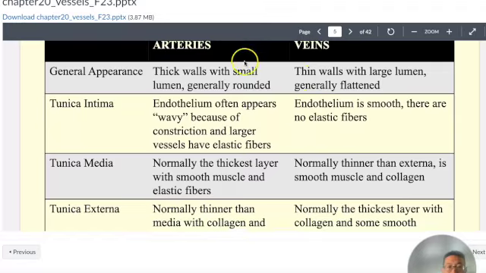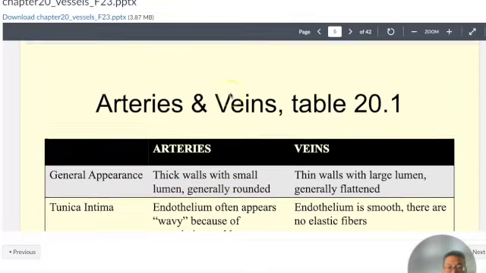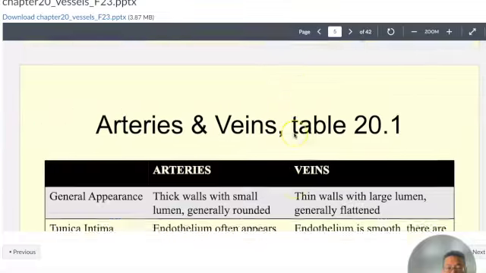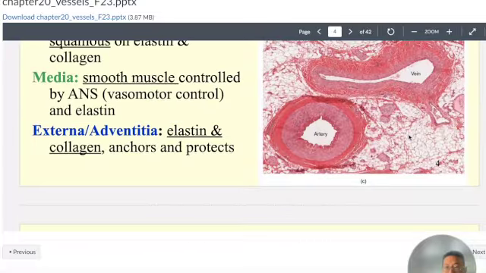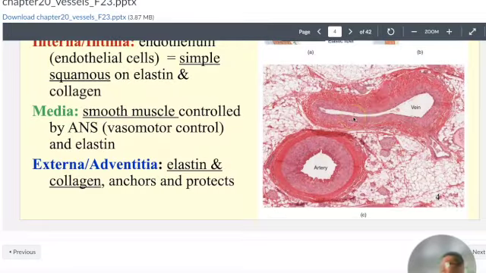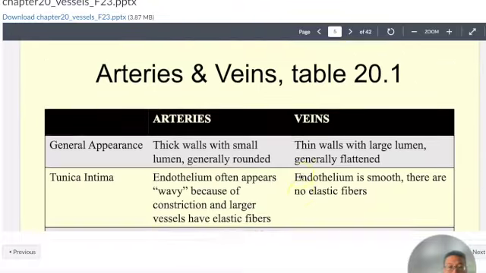So, arteries and veins. General appearance: arteries have a thick wall with a small lumen, generally round, as you can see. Veins have thin walls with a large lumen, and are generally flattened. Okay, so if we see this in the slide, we know this is a vein, and we know this is an artery.